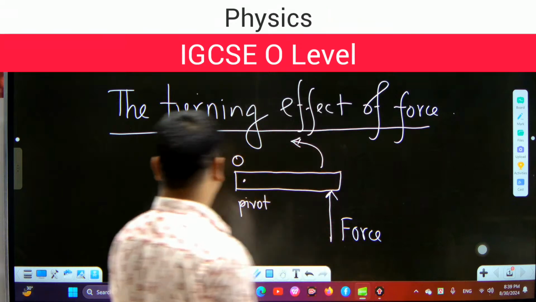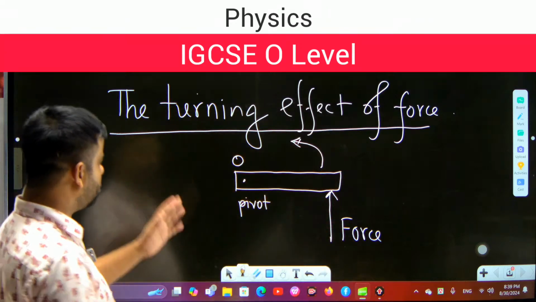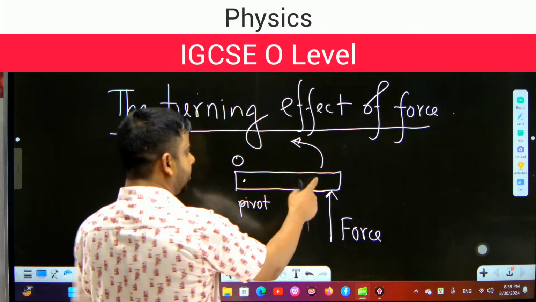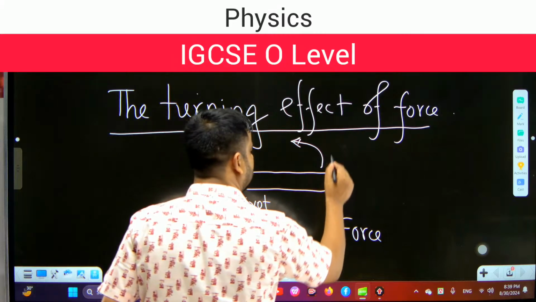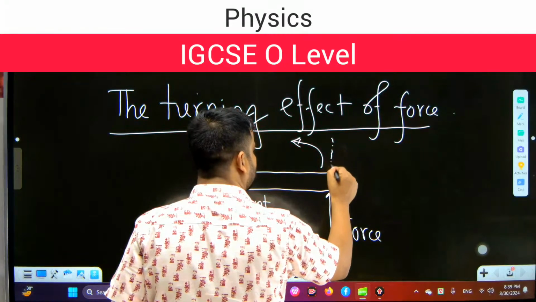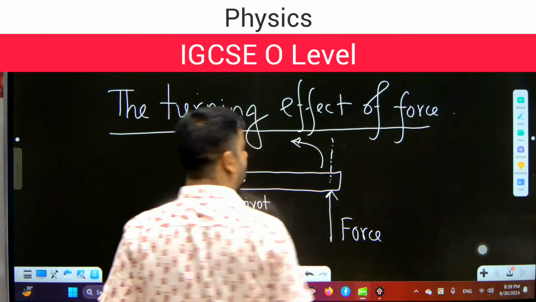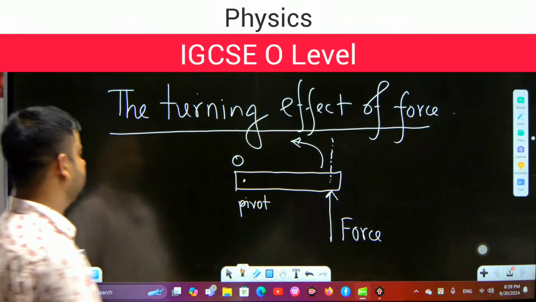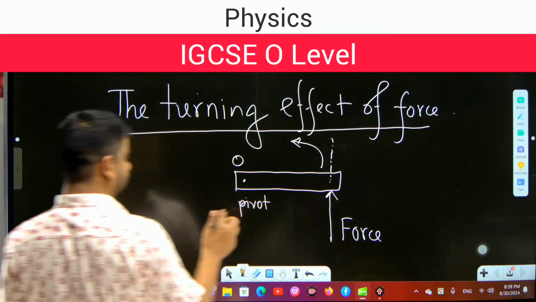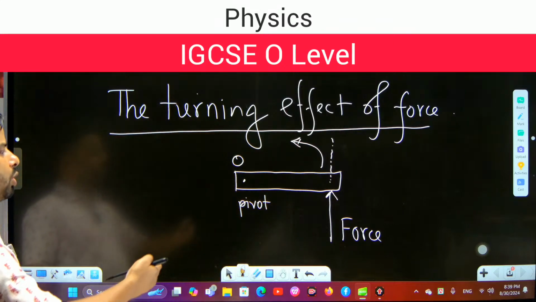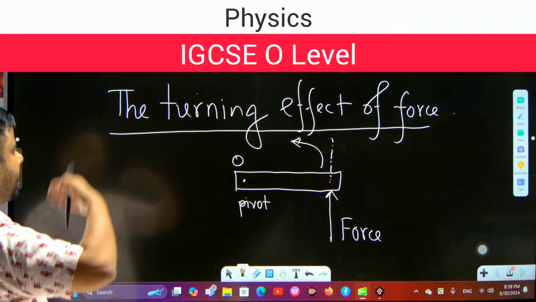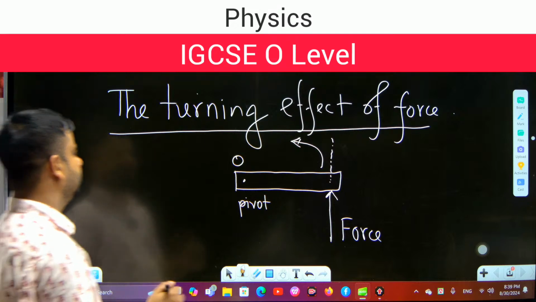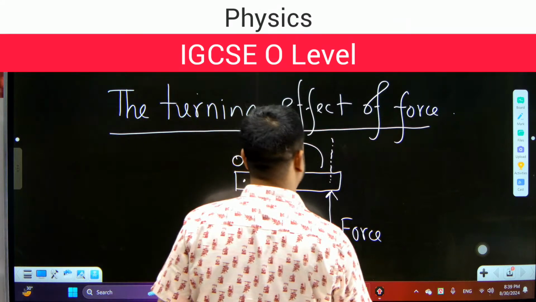So remember, this one is the line of action of the force, and this force produces a rotation tendency about the pivot. This effect is known as the turning effect of force.